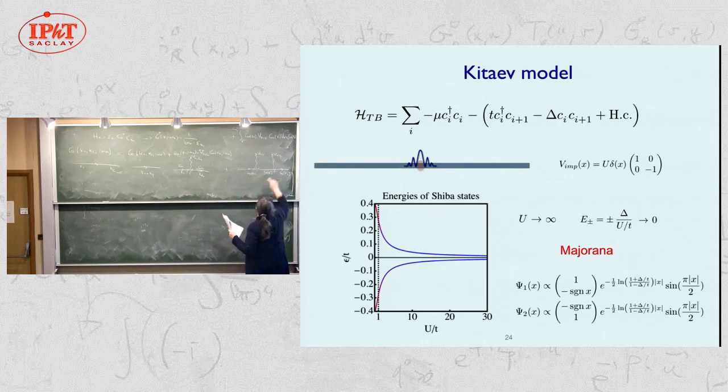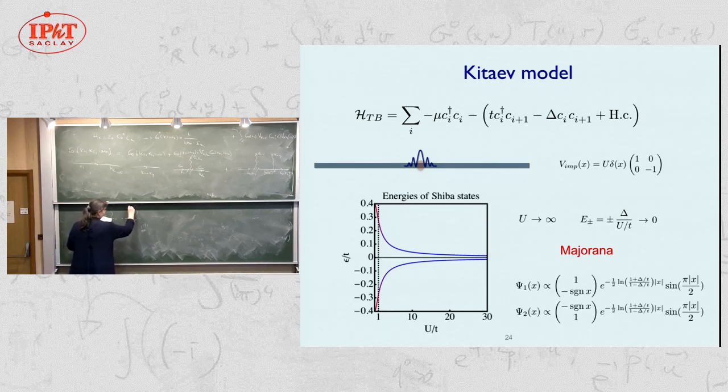I'm going to define the T matrix as just the part which is in the middle. I'm going to define T as being V plus all these terms, the sum of all these terms.